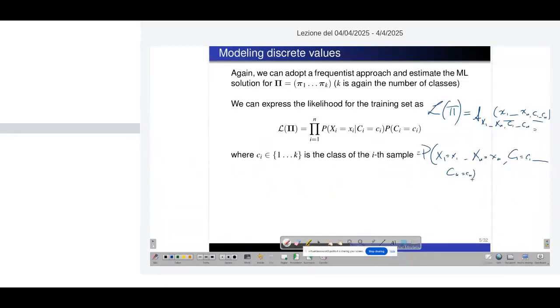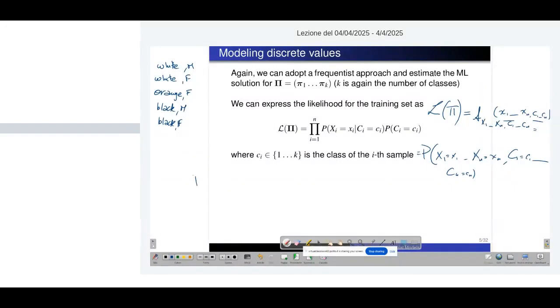What does it mean? Let's go back to my training set. If I have white male, white female, orange female, black male, and black female, what is this?